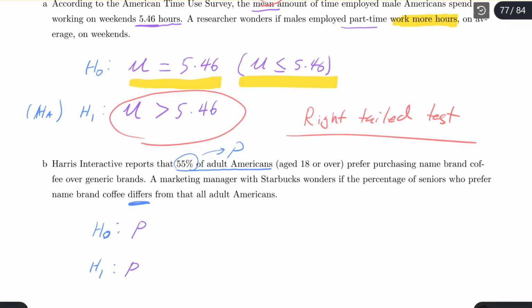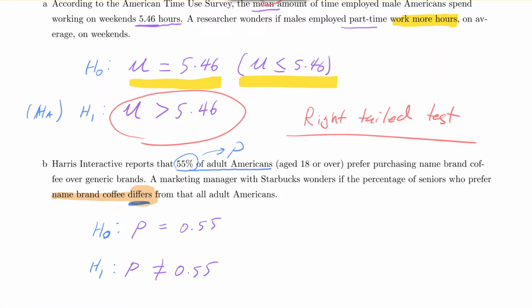And the manager wonders if it differs from 55%. So for the alternative hypothesis, different from 0.55. But in that case, the null hypothesis, which is no change, would be 0.55.